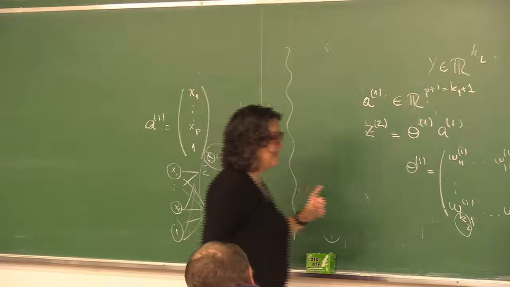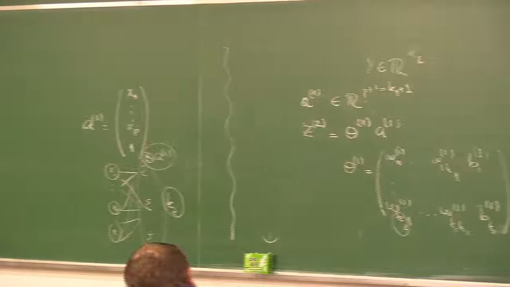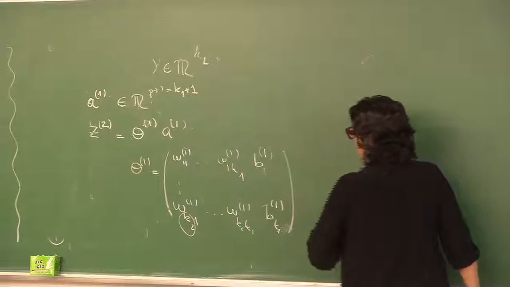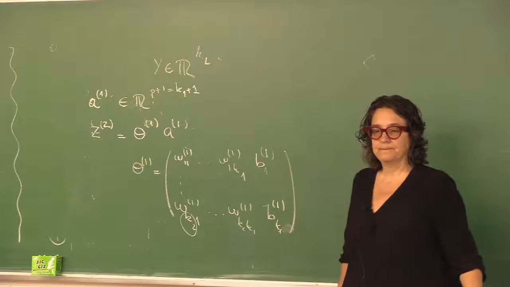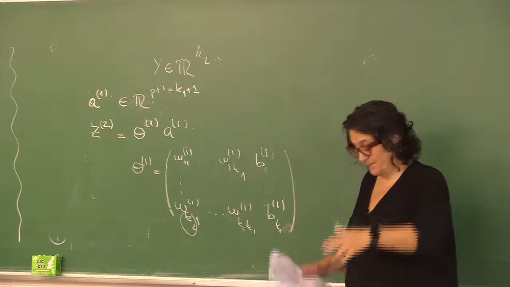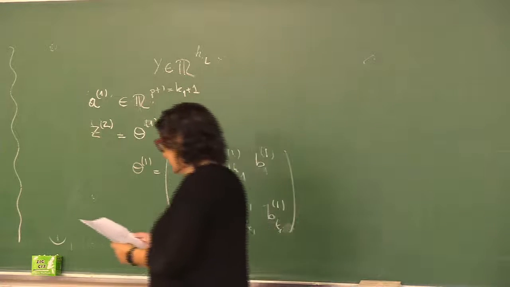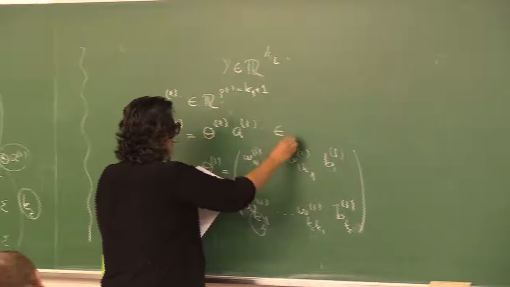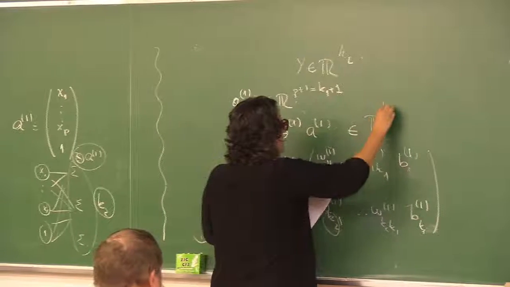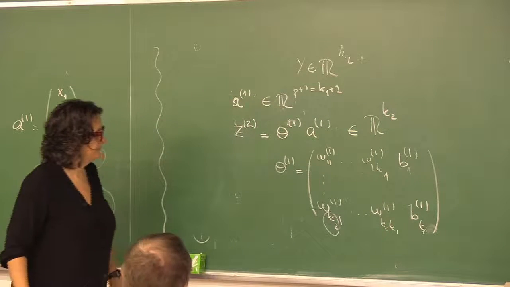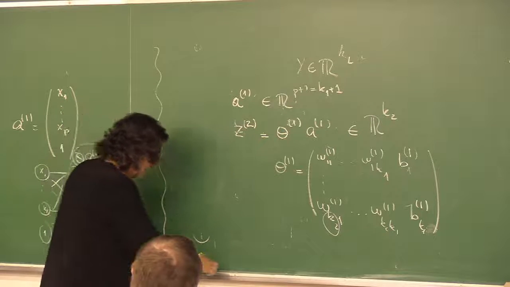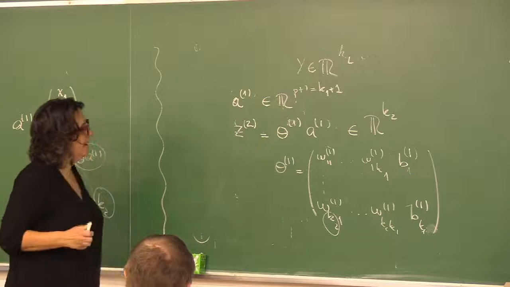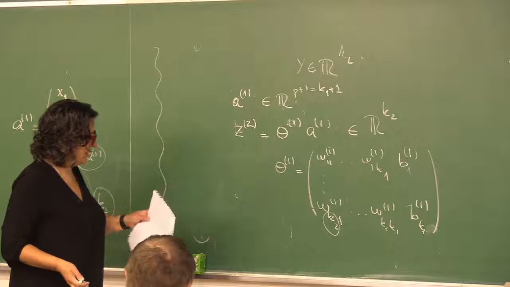What is the next thing I have to say before going to the next step? I have my linear combination. What do I have to do next? The activation. The activation function, this is going to belong to R^K2, okay? How do I write the activation function?